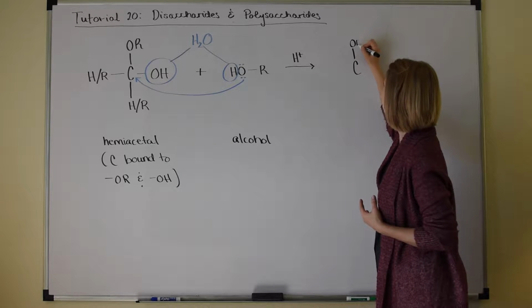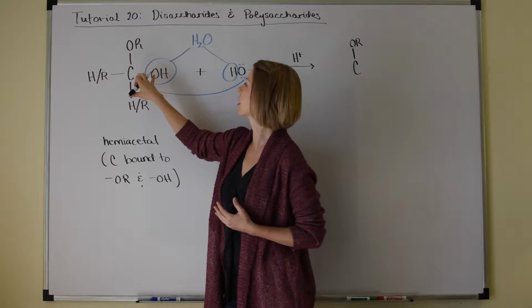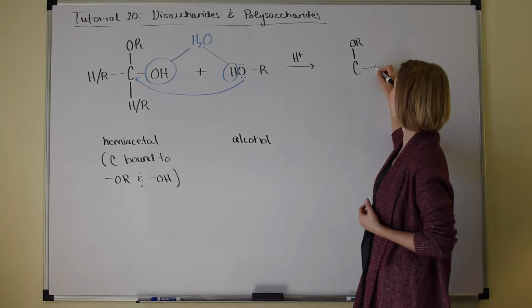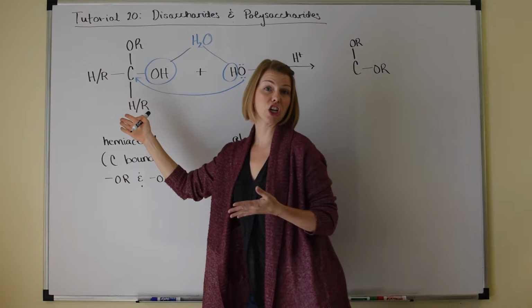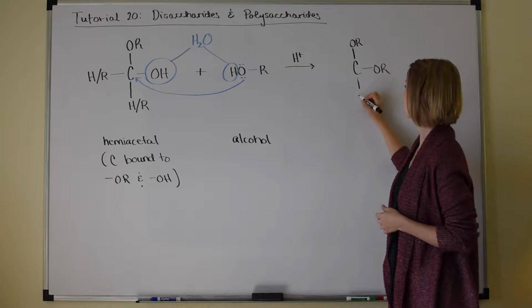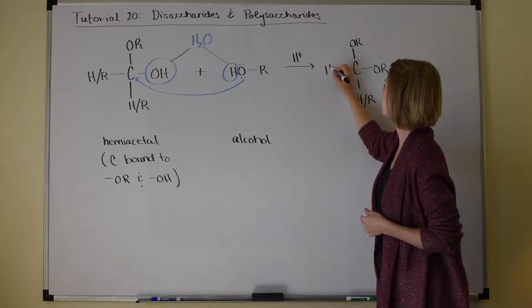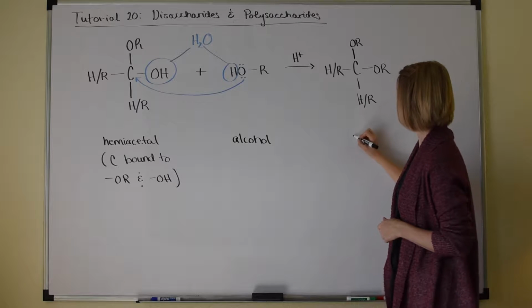One was already present in the hemiacetal, okay? And then we've got the new one from the alcohol, okay? And then these 2 bonds didn't change. So still a bond to either hydrogen or some carbon chain, hydrogen and some carbon chain. So this is our acetal.